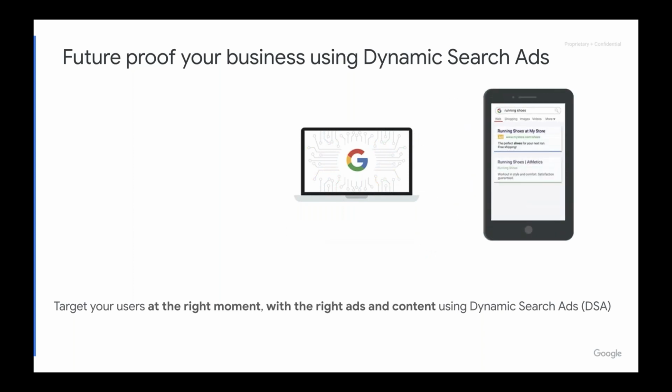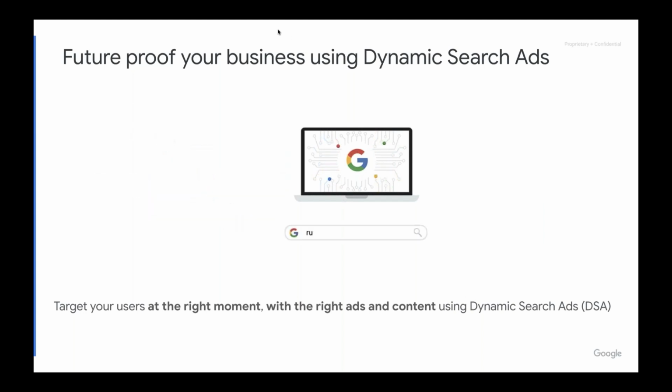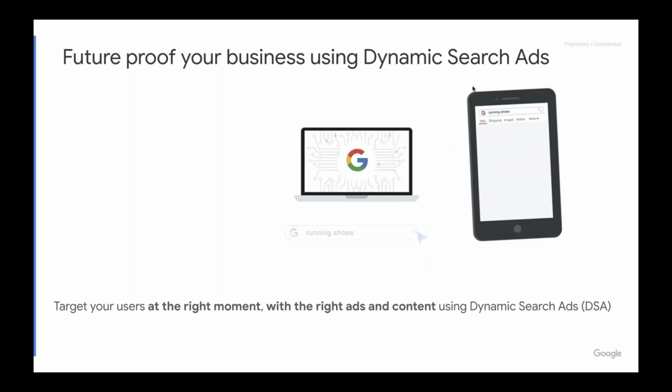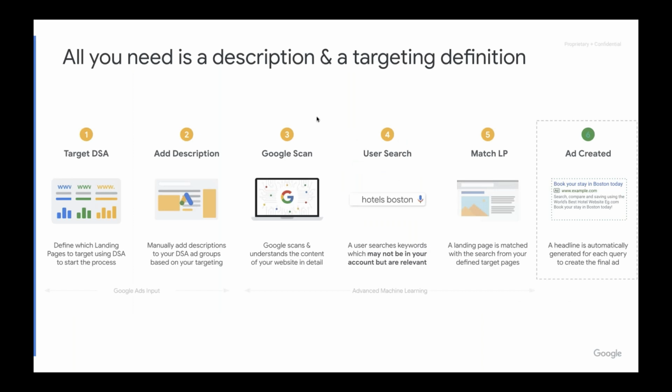To solve that problem, we did create dynamic search ads, which I would say are the best combination of organic and paid. So we'll dive a little more into the details of how they work. All you need when setting up dynamic search ads is your landing page and a description, because your actual headline will be dynamically generated, the same way organic works, so make sure you follow best practices from a landing page perspective.